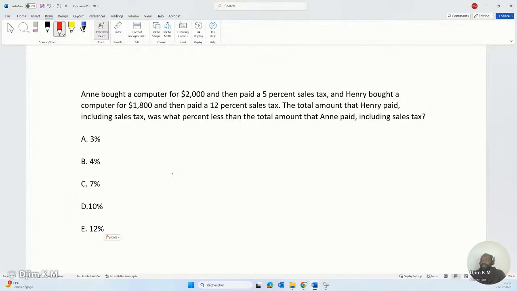So Anne paid $2,000 and then she paid 5% sales tax.